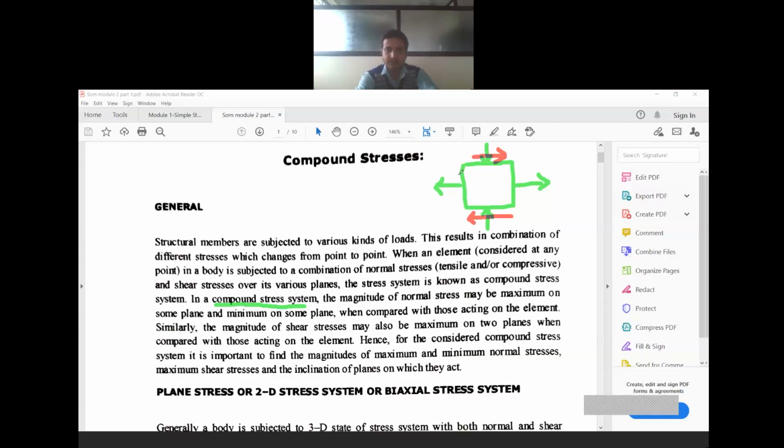Shear stress will be acting on opposite planes in opposite directions, which will cause rotation of the body. So it shears like this; it is like a sliding force on the body. To counteract this, we shall introduce complementary, anti-clockwise shear stresses.